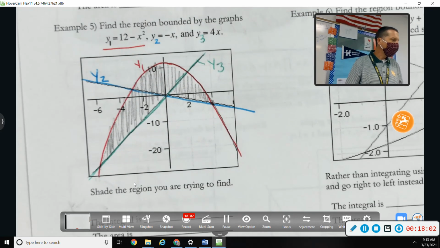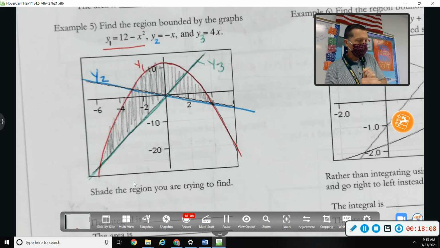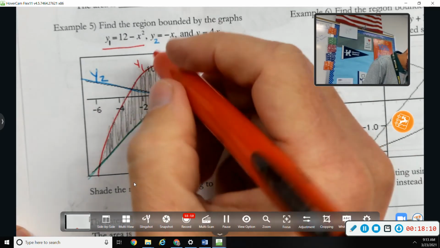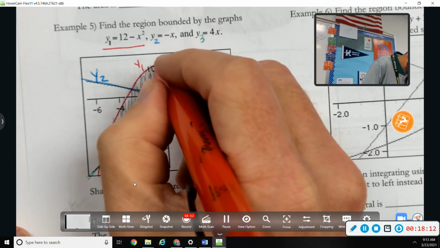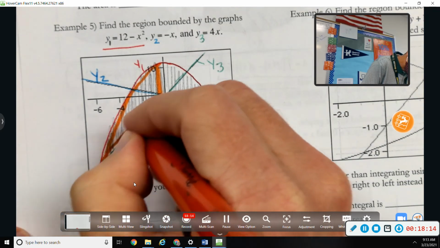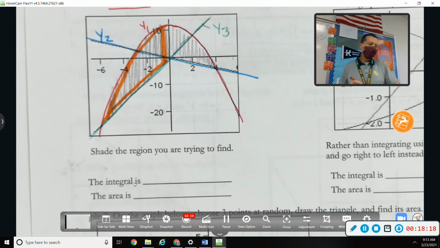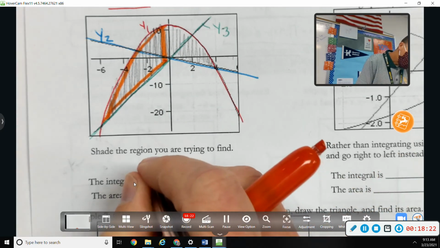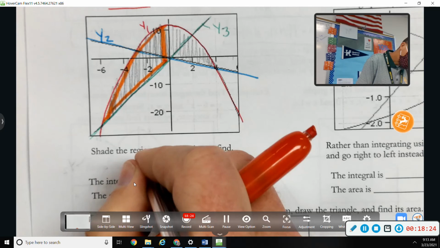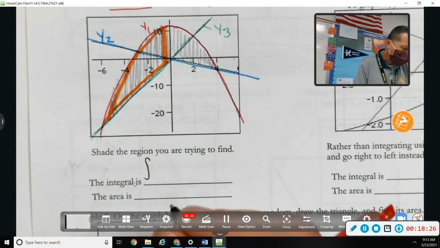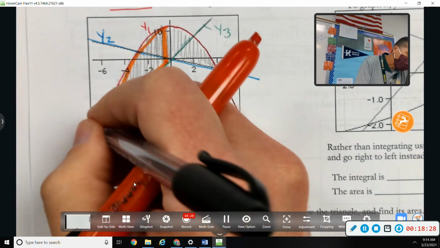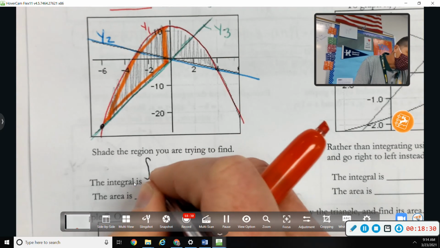So how am I going to do this one? 2 integrals again. Use all my colors today. So that orange integral, well, I would need to set these things equal to each other, but we can assume that goes from -6 to 0.